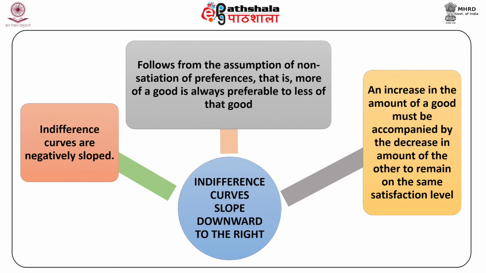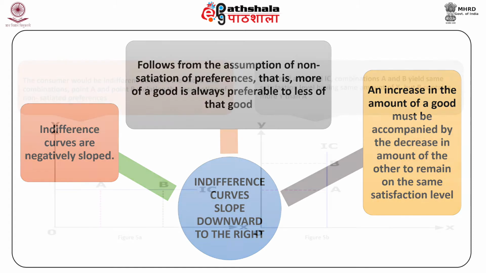Let us consider a change in combination from point A to point B in a way that the quantity of good x increases while y remains the same. This will make B more preferable in comparison to the original combination A, and therefore the combinations A and B will not be on the same indifference curve.